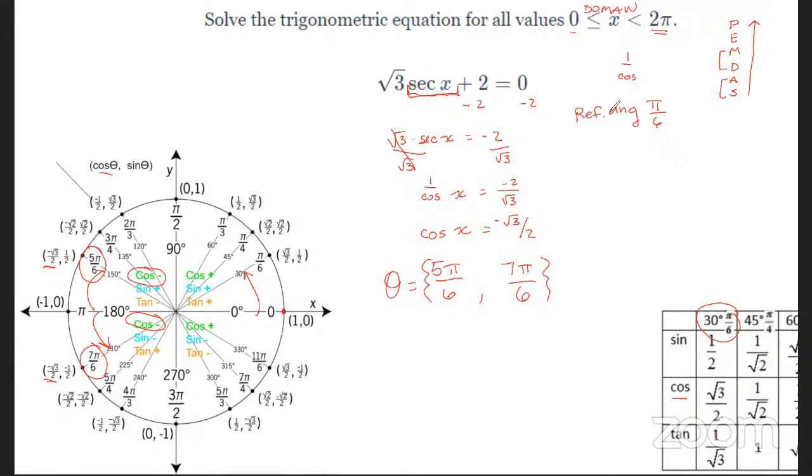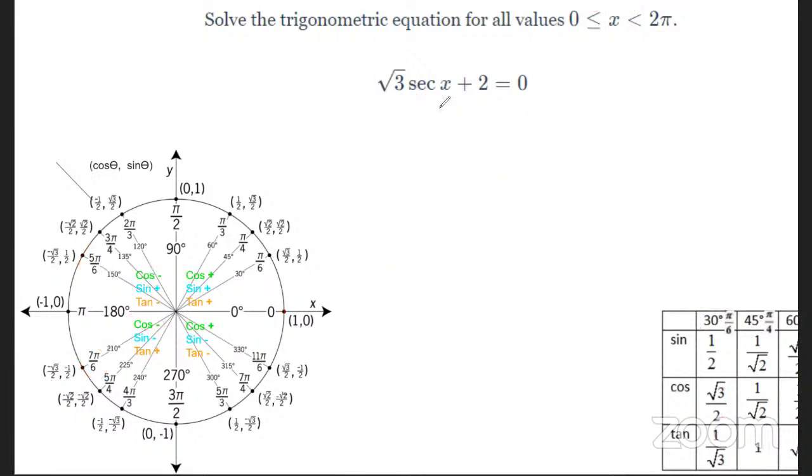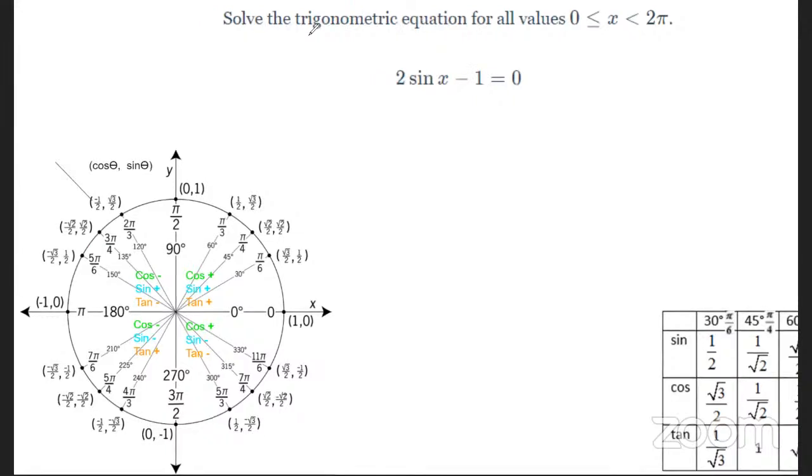Now, that is one of the easier types of problems that you're going to see in this kind of work, because your angle is not being changed at all. So you have an angle here that doesn't have anything directly changing it before the sine or the trigonometric function gets to it, okay? So let's look at this one. It should be the same way.